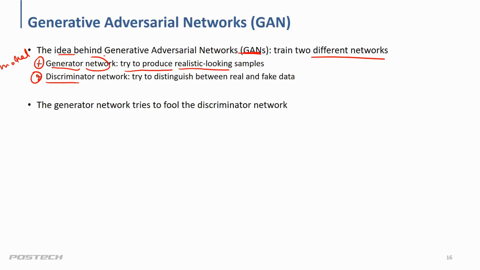On the opposite side, the discriminator tries to distinguish between real and fake data. Fake data means generated data, or samples from the generator network.